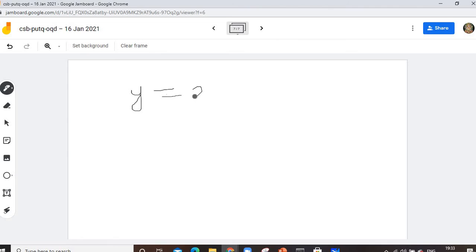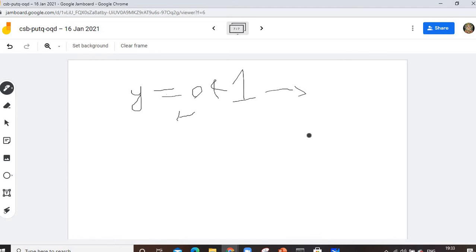It should lie between 0 and 1. If the values are greater than 1 or less than 0, there will be a problem. That's why the sigmoid comes into the picture. It converts all these values into 0 and 1.